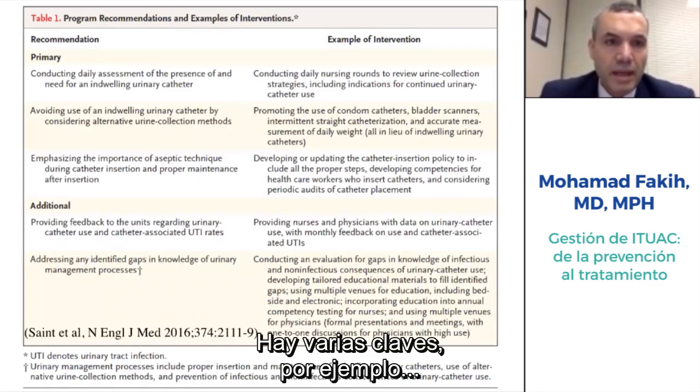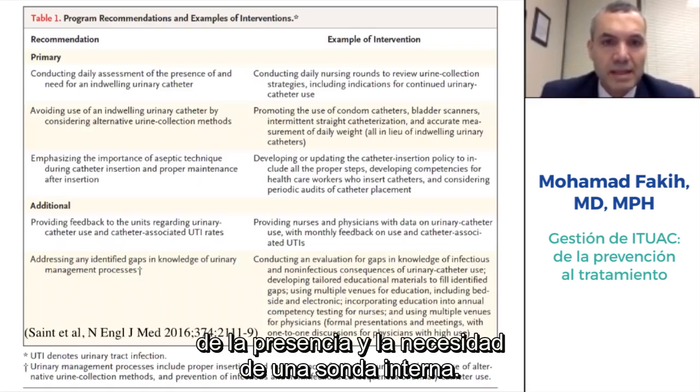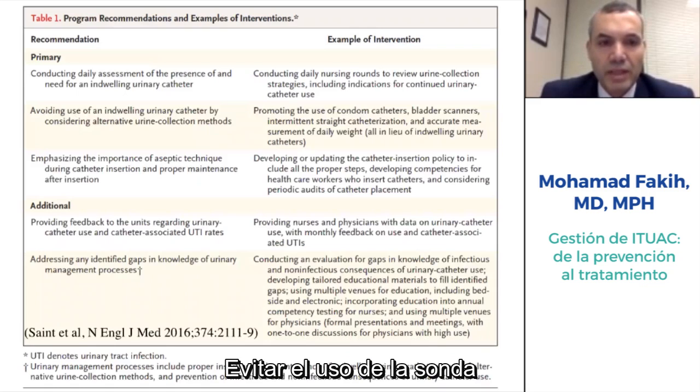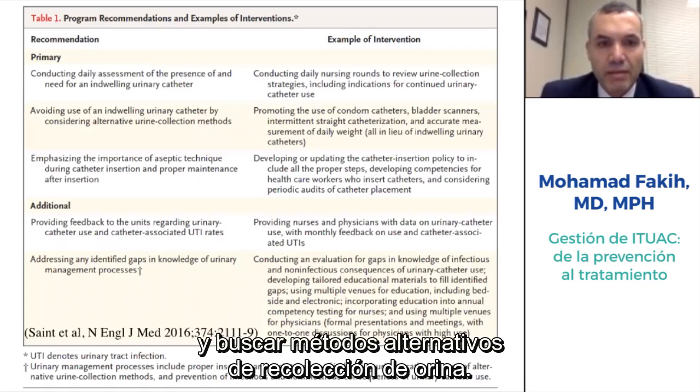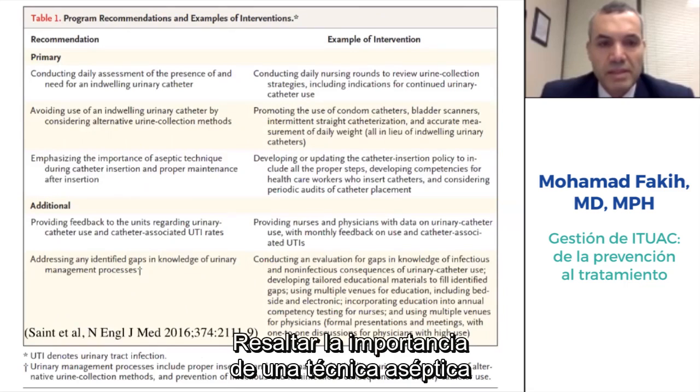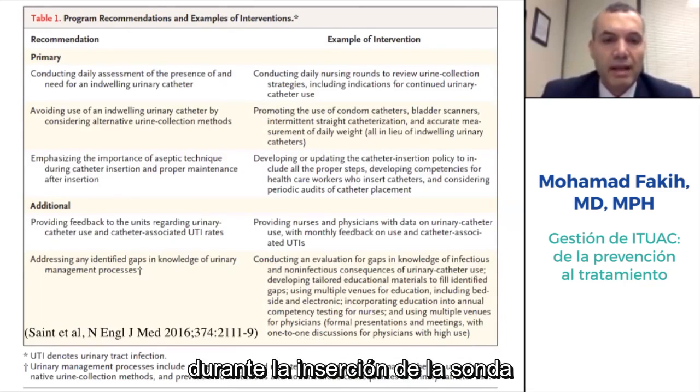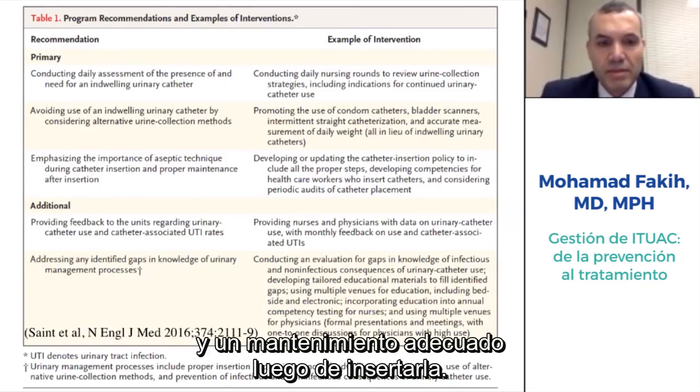The key components were conducting daily assessment of the presence and need for an indwelling urinary catheter, avoiding the use of an indwelling urinary catheter by considering alternative urine collection methods, and emphasizing the importance of aseptic technique during catheter insertion and proper maintenance after insertion.